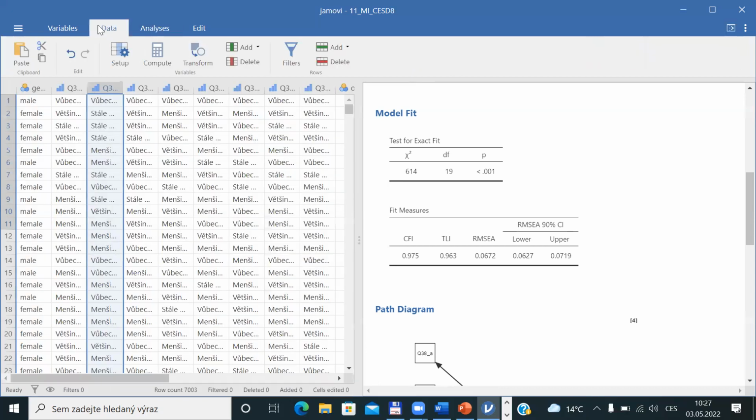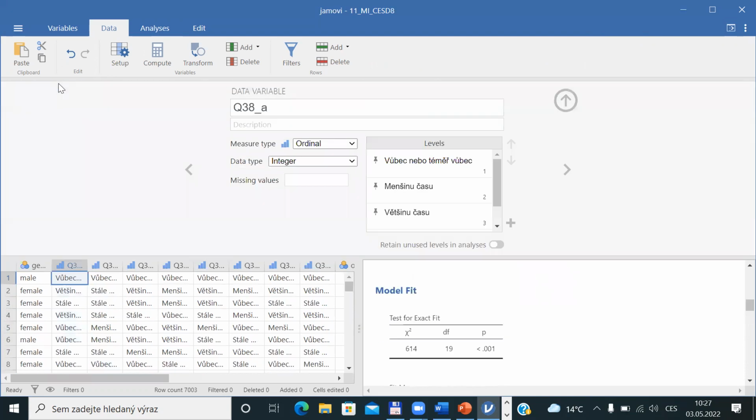So I would go once again back into data, and we know we need to redefine scales for the SEM dialog. So sorry for the extra effort. I would need to go into continuous for all of these.